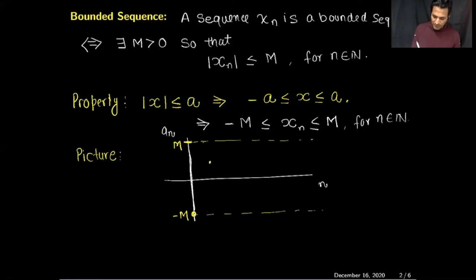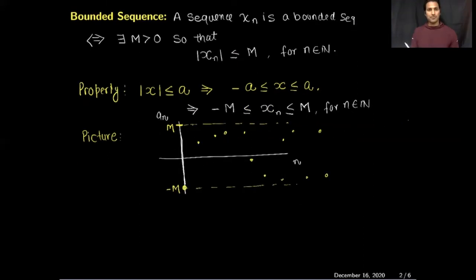Each term of the sequence cannot go above or below m and minus m. So this is the intuitive meaning: a sequence is bounded if each term is bound by the negative of m and the positive of m.